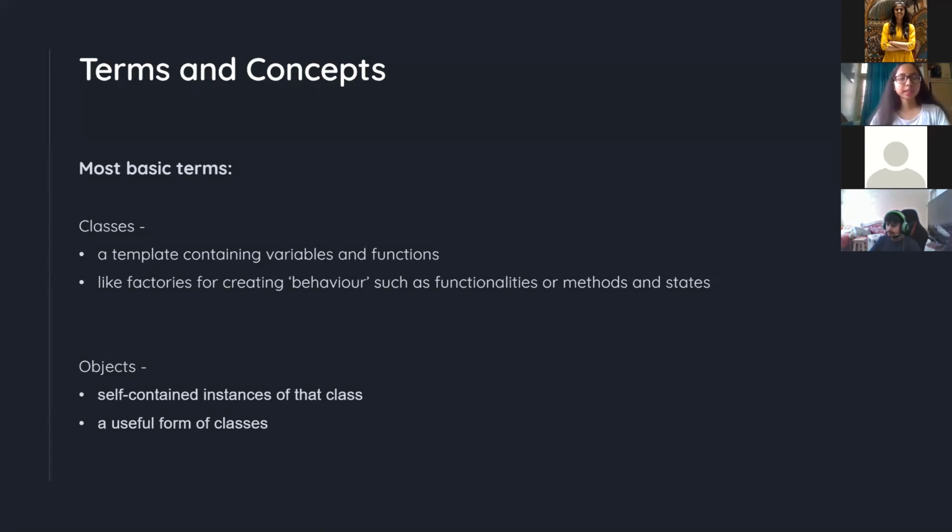Okay, so I start with the terms and concepts that we use in object-oriented programming. The most basic terms that we hear when we start with OOP are classes and objects. Classes can be said as the basic template or blueprint that contains the methods or the fields, and it helps us define the methods and fields in one set, one code snippet, one collection, one package.